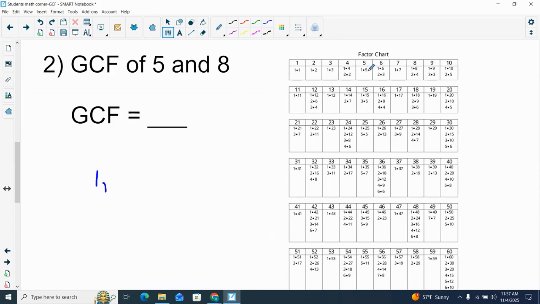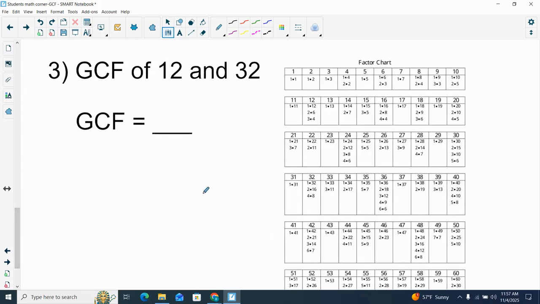The other number that the 5 column has is 5, but the 8 doesn't. The 8's got a 2 and a 4 and an 8. Nope. So it looks like 1 is the only one. So the greatest common factor of 5 and 8 is 1. And sometimes that happens.